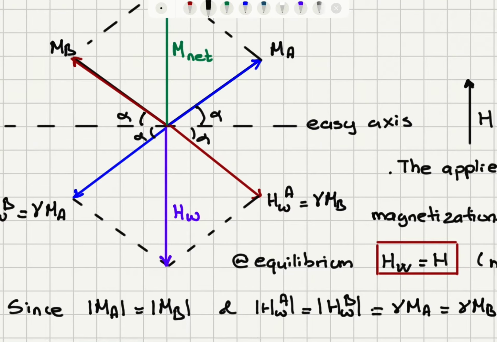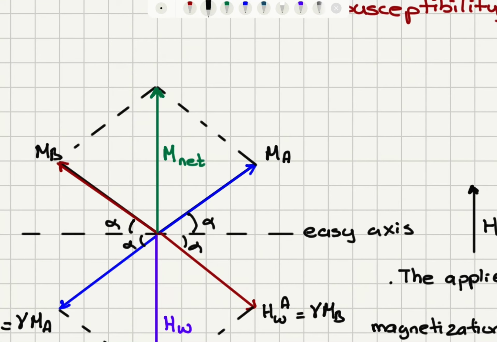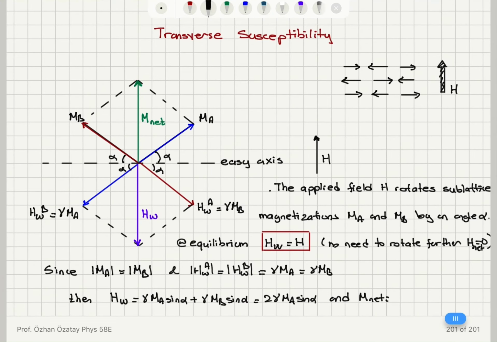The component of the molecular field acting on the A sublattice along the z-axis is gamma MB sine alpha. So this is gamma MA sine alpha plus gamma MB sine alpha, which will be equal to 2 gamma MA sine alpha because MA equals MB. And for the net magnetization, I have MB sine alpha plus MA sine alpha on the z-axis. So this will be equal to 2 MA sine alpha.